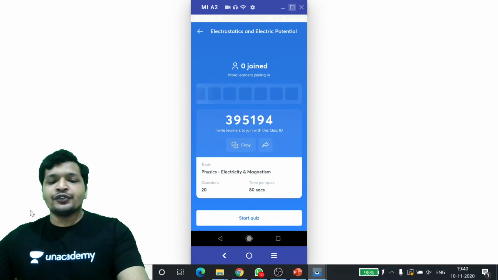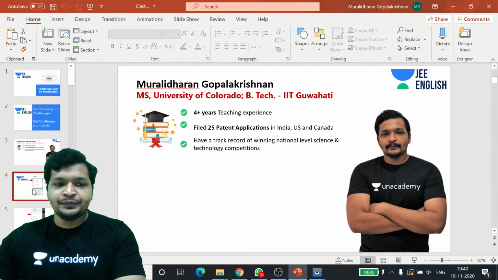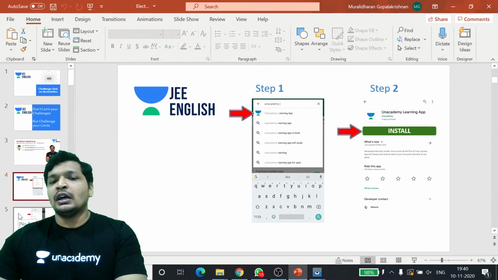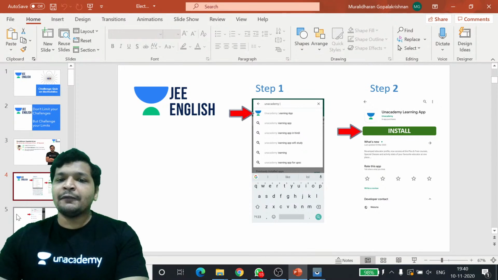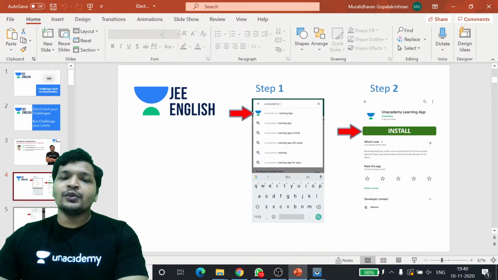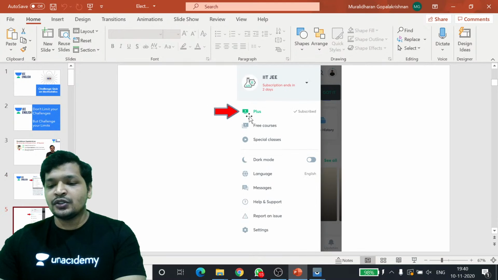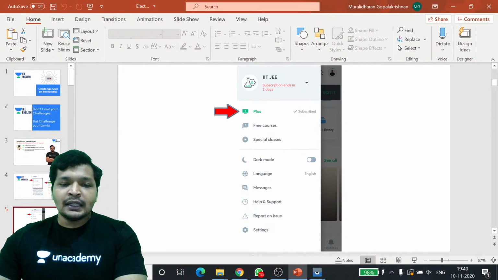So yeah, how do you join the quiz? If you're totally new to this, all you need to do is download the Unacademy learning app from your Google Play Store or App Store. Then click on the left hand top corner extension bar, choose plus, and first of all log in and then choose plus.